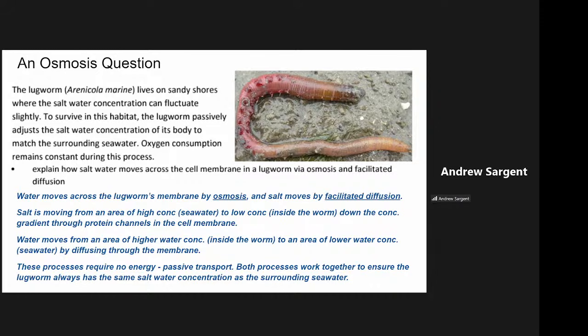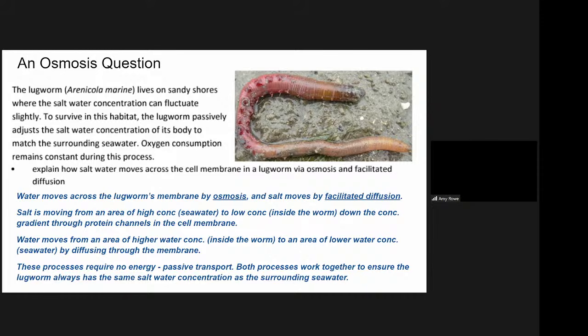And then how do we know the worm is salty inside? Yeah, I've seen that question. It's very cute. The question is telling you that our lugworm is trying to match the salt concentration of the surrounding seawater. So when I've written this answer, I've talked about salt moving from an area of high concentration in the seawater to lower concentration inside the worm.